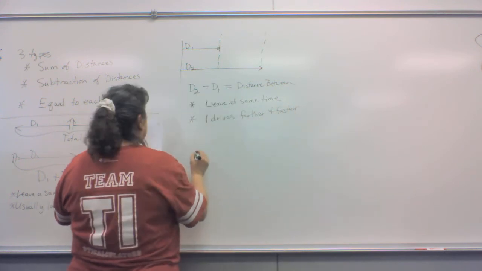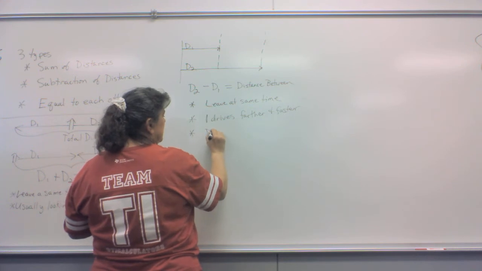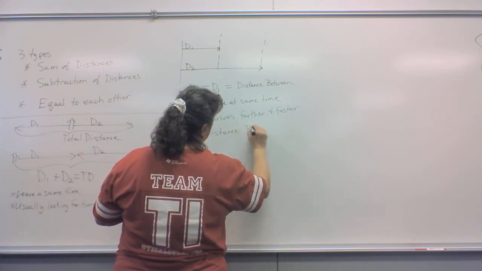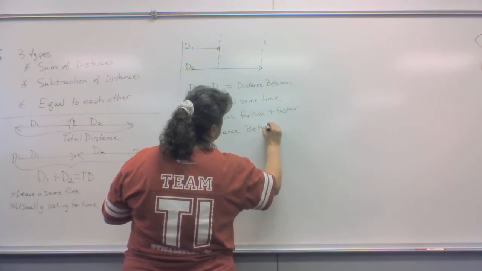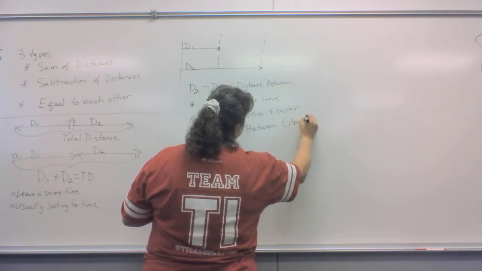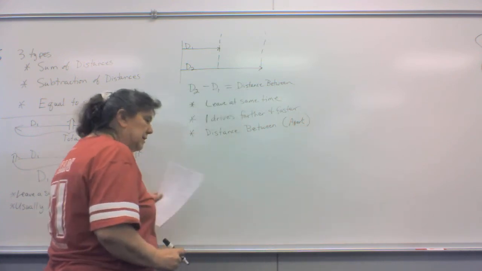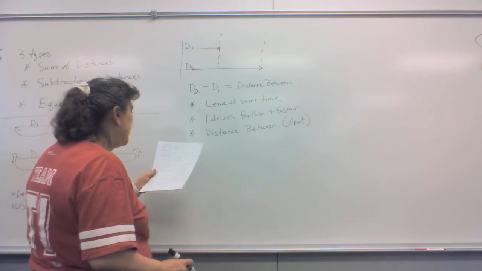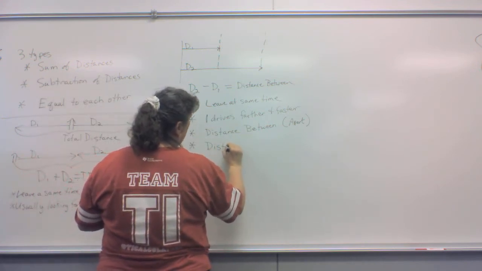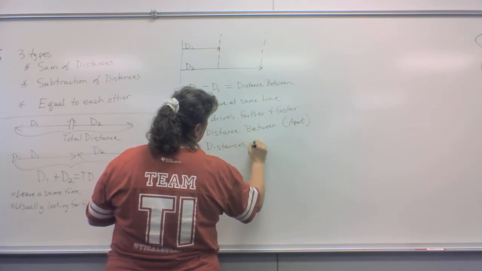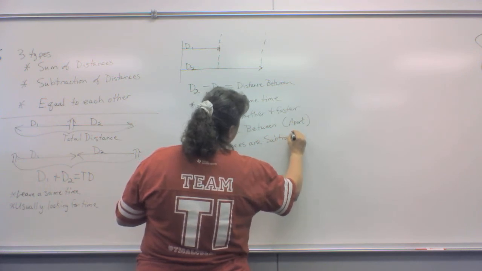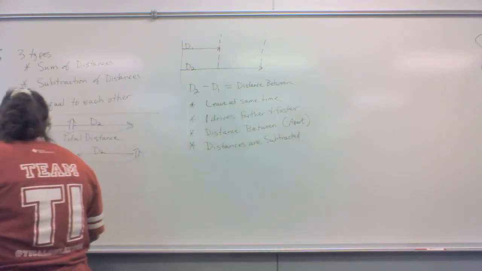And they'll often use the words distance between, or possibly distance apart. So those are common words used on that, and the distances are subtracted. Whereas the first one, the distances were added.